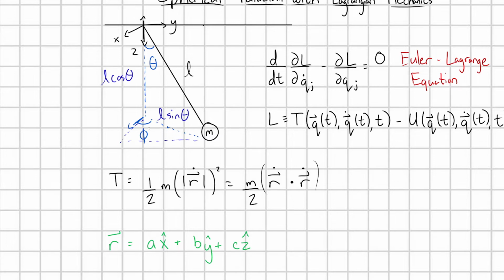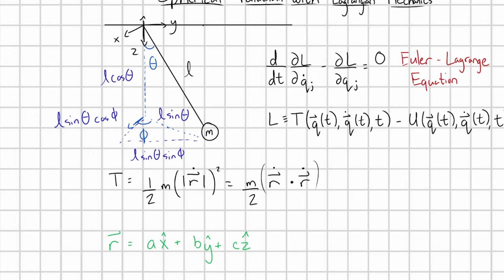If this hypotenuse is L sine theta, then this distance here is going to be L sine theta cosine phi, and this component down here is going to be L sine theta sine phi. Do you see that very clearly? I just broke these two triangles down to come up with our components.